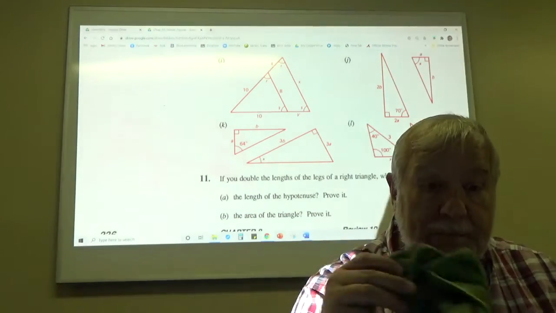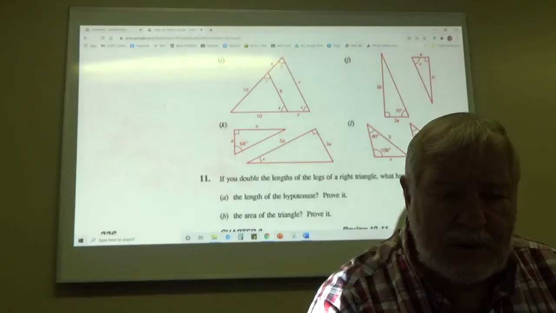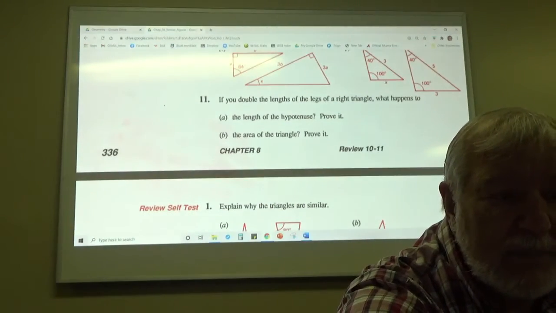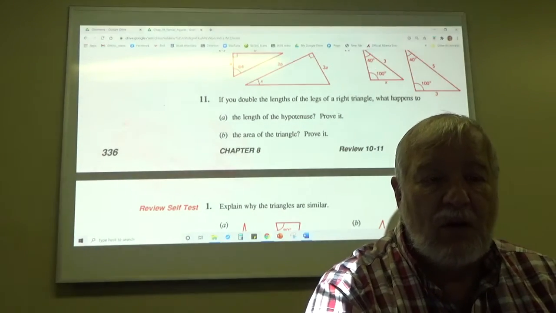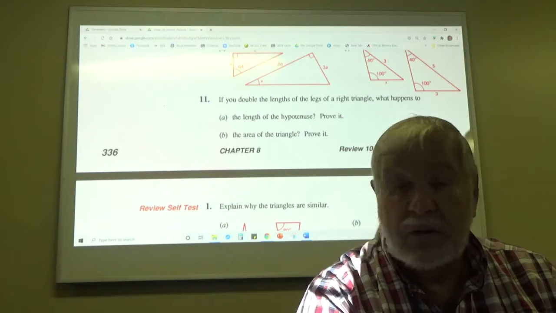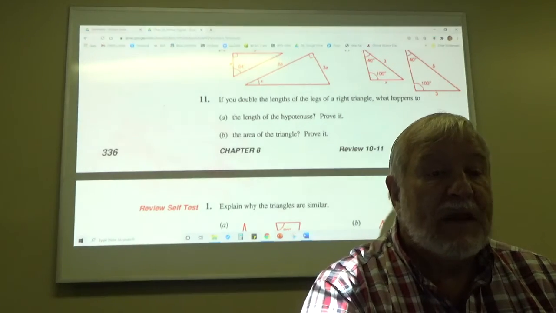Okay. All right, now, if you double the lengths of the sides of a right triangle, what happens to the hypotenuse? Okay, let me ask you this.